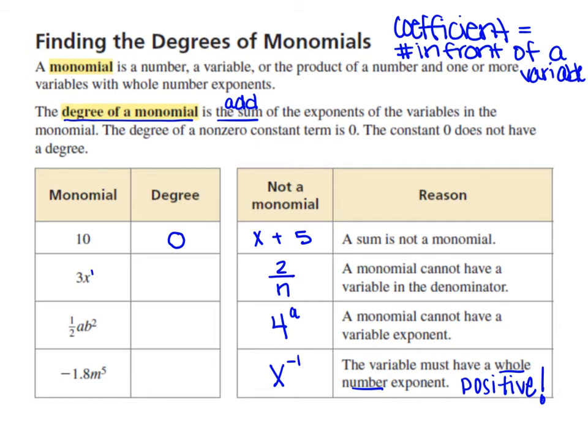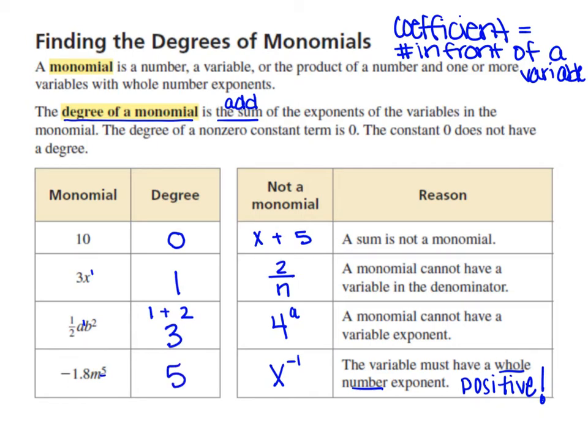So since the only exponent with a variable is a 1, my degree becomes a 1. The next one was tricky because a has a power of 1. So I need to take 1 plus 2, the exponent with a, plus the exponent with b. My degree for this monomial is 3. My last one has a degree of 5.